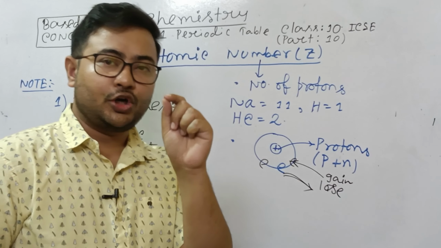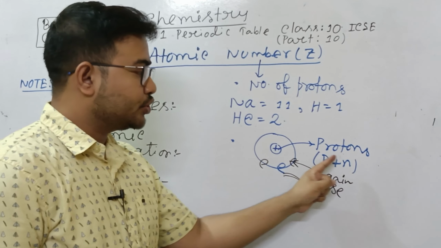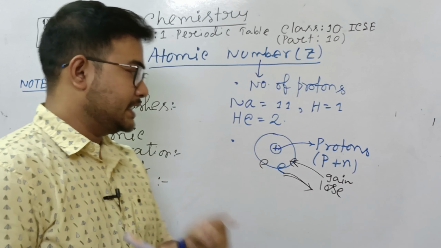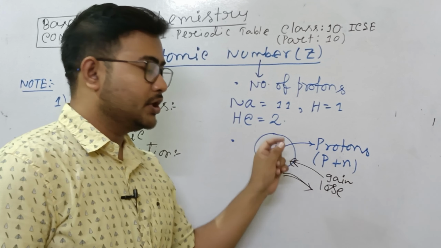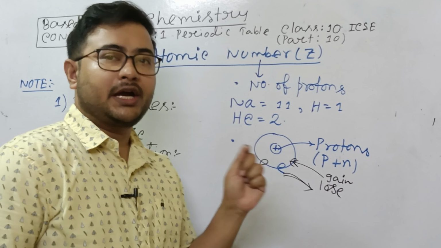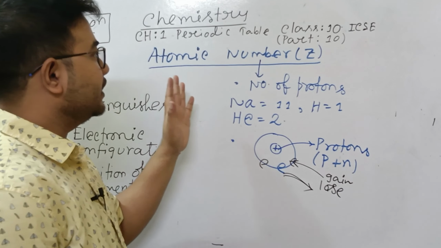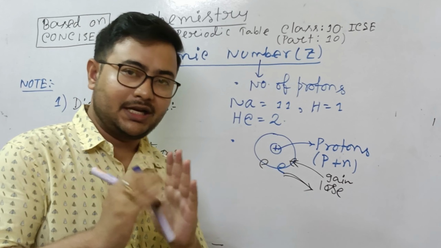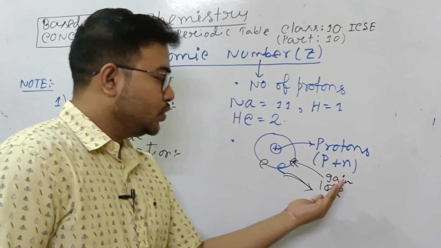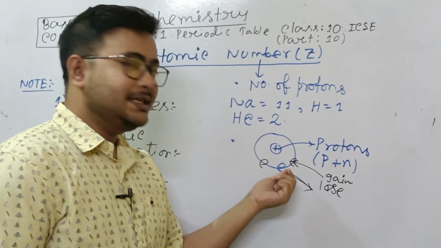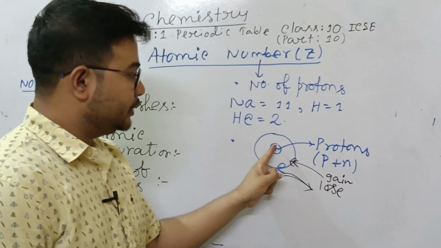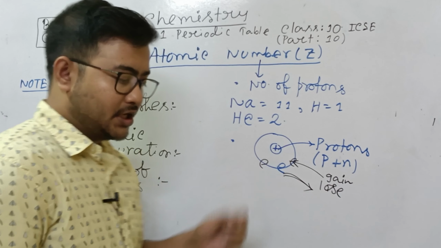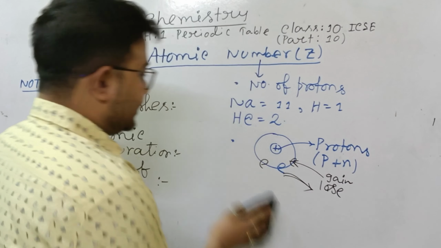Now it is not possible to lose proton and neutron from the nucleus. Generally it is not possible. Yes, it is possible to lose proton and neutron in case of radioactive reaction, but it is not in our syllabus. So first try to understand, during the chemical reaction all the atoms lose or gain the electron in the last shell. It is not possible to lose proton and neutron from the nucleus.